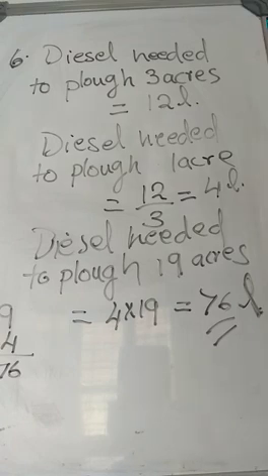So first 1 pond is 1,20,000. So how many ponds for this much? What you will do is you will first divide 4,80,000 by 1,20,000. So the answer will give you the number of ponds.